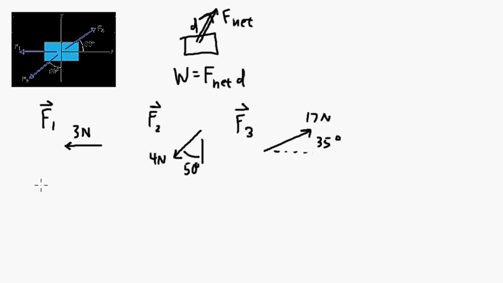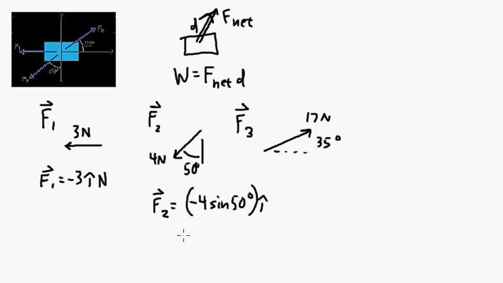So let's break these all up into components. F1 here really is just -3 i hat newtons, right? And then F2 is going to be -4 times sine of 50 degrees i hat, plus -4 cosine of 50 degrees j hat, and you can put newtons on this.